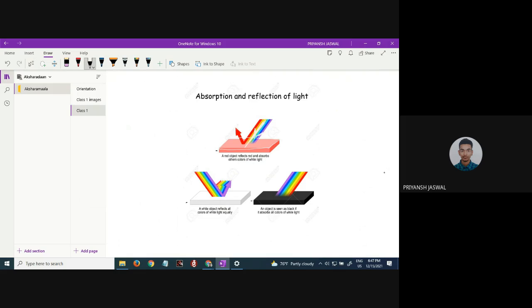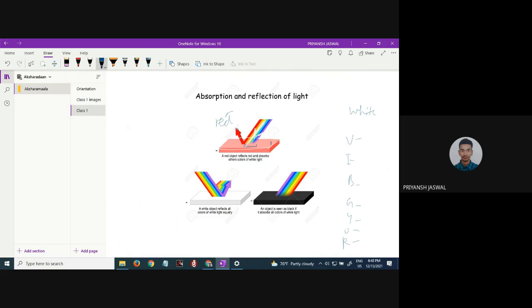In the first case, this absorbs six of the seven colors in white light. We know that white light is comprised of seven colors: violet, indigo, blue, green, yellow, orange, red. This first material absorbs violet, indigo, blue, green, yellow, and orange, and only reflects the red color back.